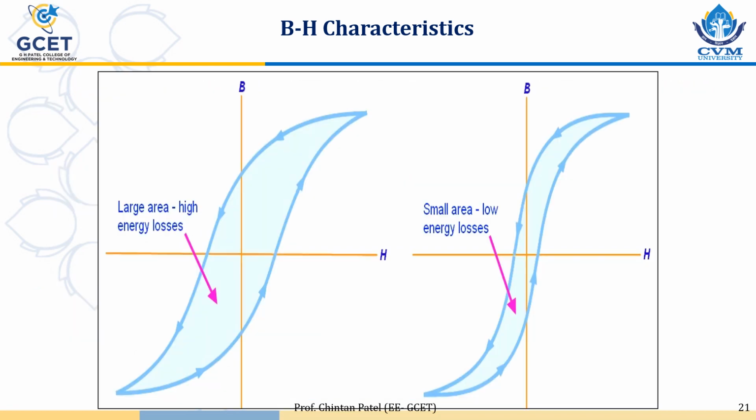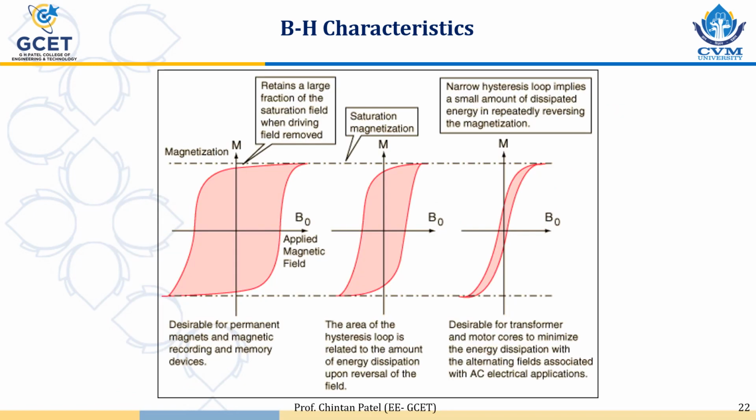So the two things are shown here. Large area means high energy loss, and small area means low energy loss. So three different types of areas are shown here, and obviously we can understand that in this type of material the maximum hysteresis loss WH will occur.